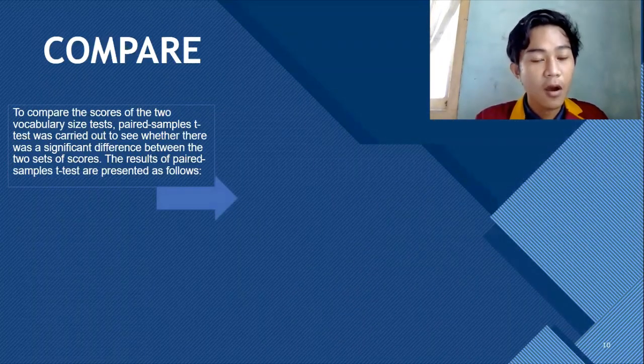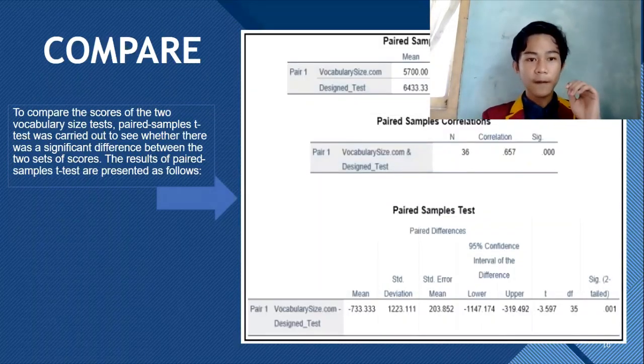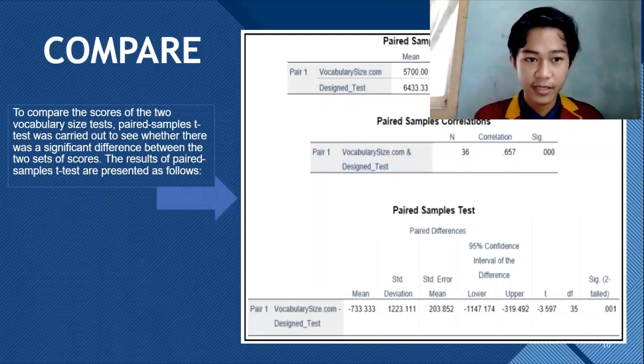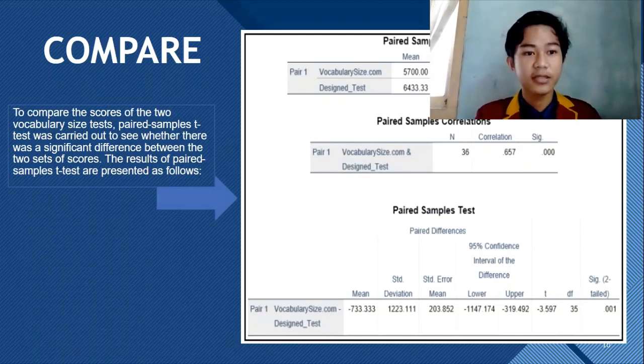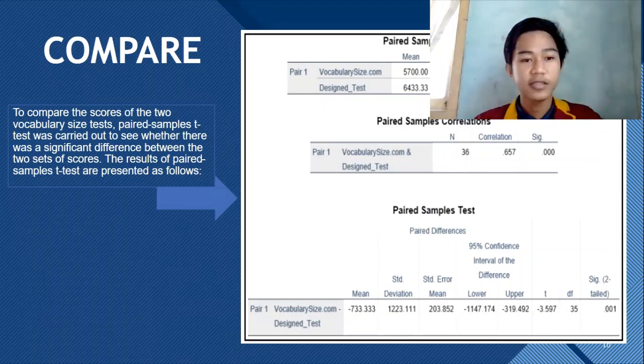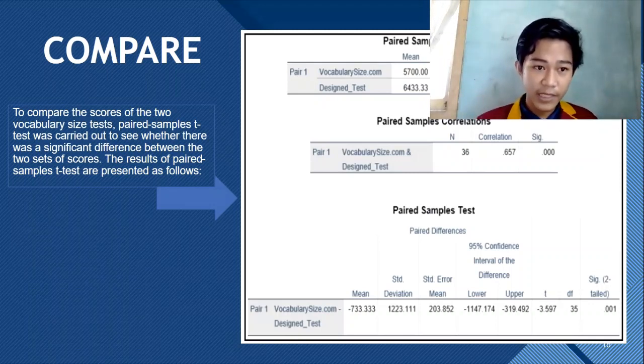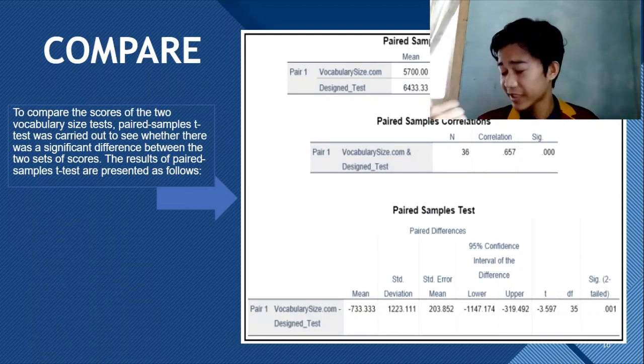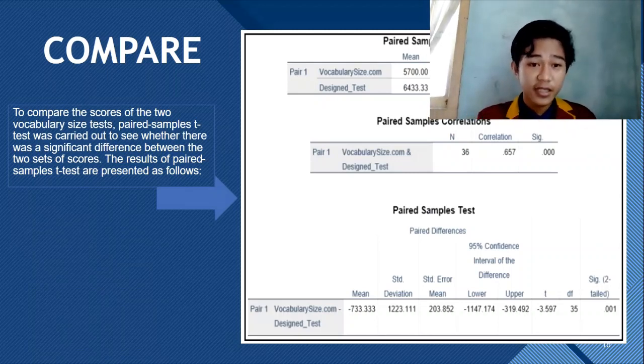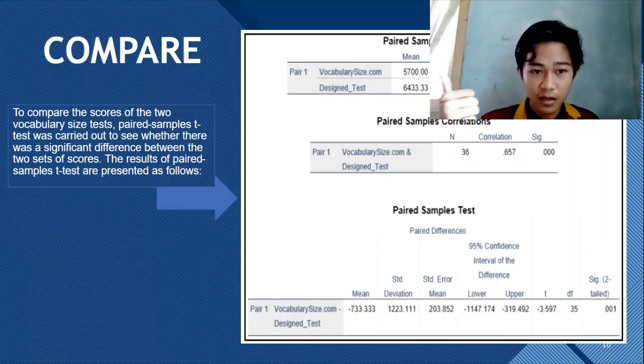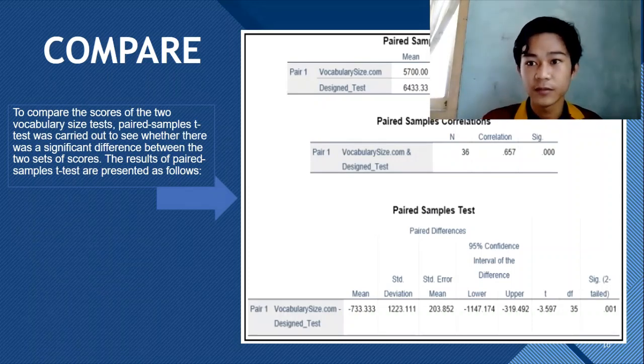And then we move to comparing the scores of the 2 vocabulary size tests. A paired sample test was carried out to see whether there was a significant difference between the two sets of scores. The results of the paired sample test are presented as follows.